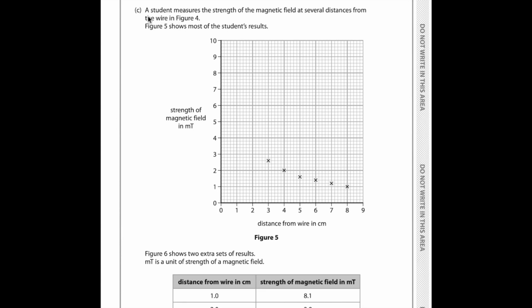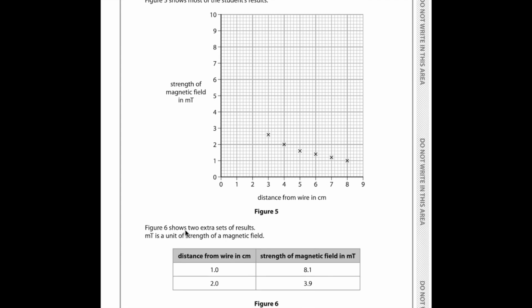Question C. A student measures the strength of the magnetic field at different distances from the wire in figure 4. Figure 5 shows most of the student's results. Strength of the magnetic field up the side and distance from the wire in centimetres along the bottom.